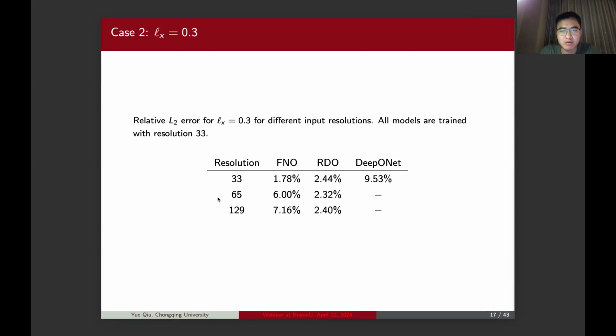We observed that FNO performs not very consistently. As for DeepONet, since the resolution 33 is pretty low, we also tried increasing the training resolution of DeepONet, and it can achieve a similar accuracy to our framework. But when we change to different resolutions, DeepONet needs to be retrained.